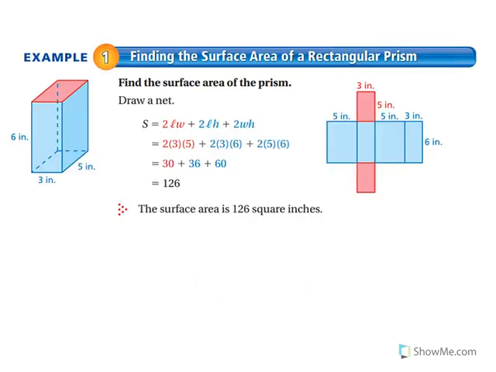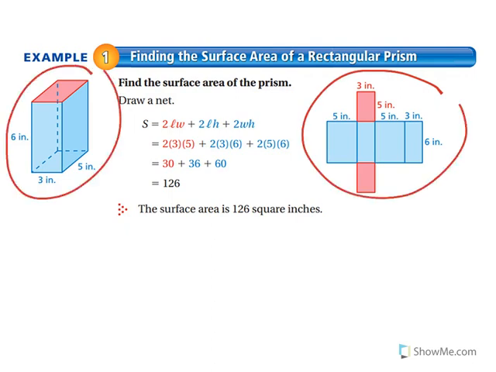All right, let's go ahead and move forward. In our first example, you're going to see them drawing the net, laying it out, having all the sides laid out. It's important that you are able to recognize that this net goes with this shape over here. However, for me, when finding the surface area, it's more important that I can identify what my length is, what my width is, and what my height is.